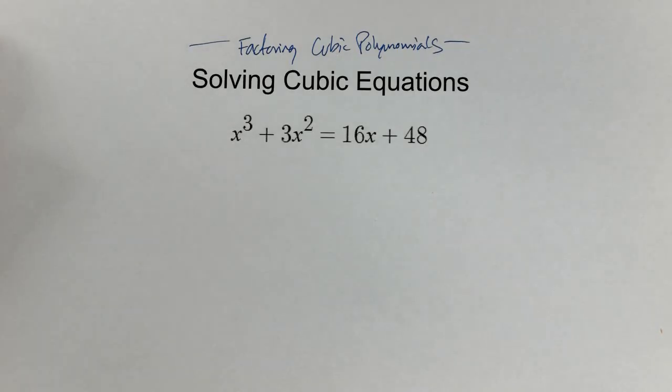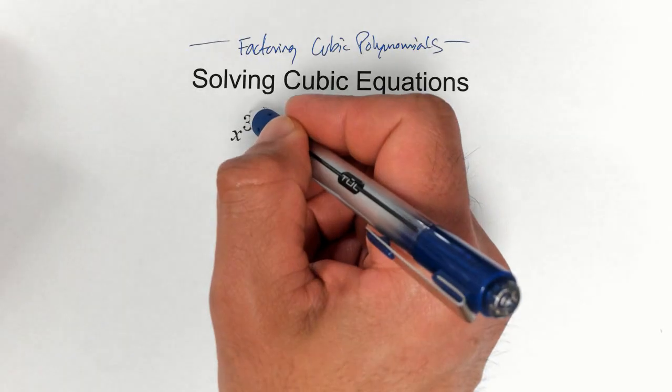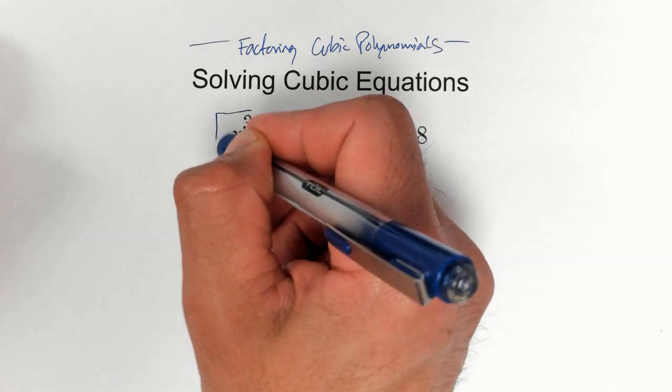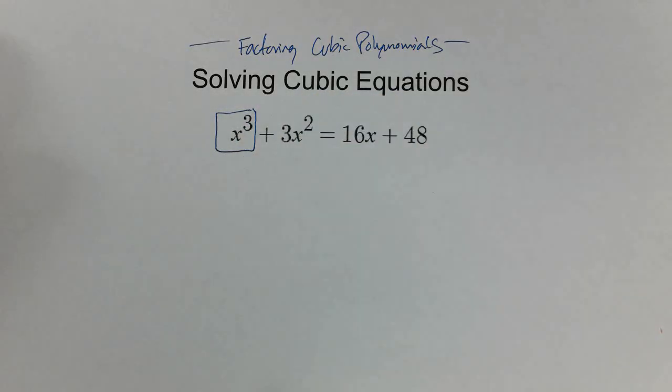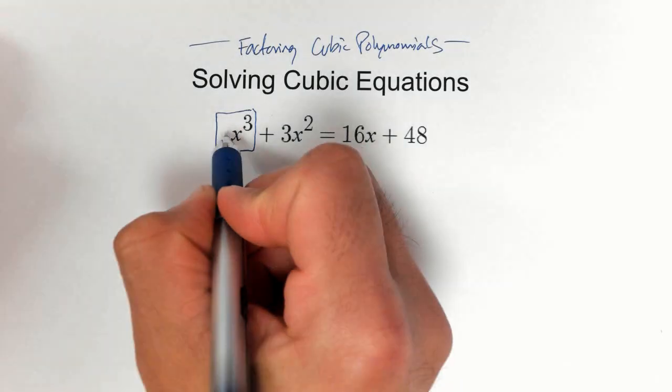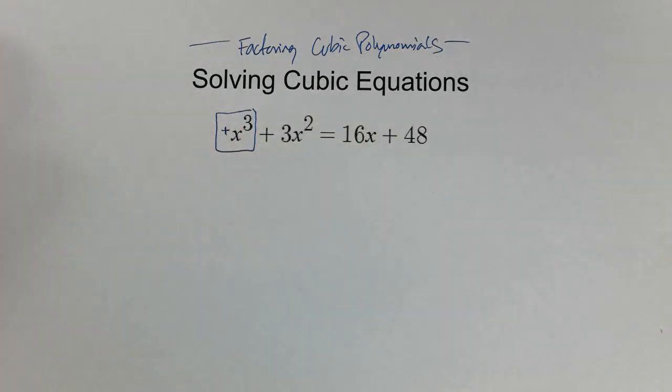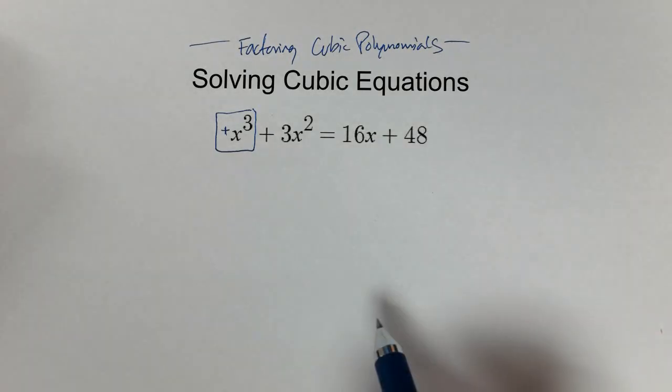When I see this problem, I want to make sure first that it's written in standard form, where all of the variables are on the same side as my highest degree. The highest power here is x to the third power, and the coefficient is positive. So since it's positive, I want to move everything to the left.